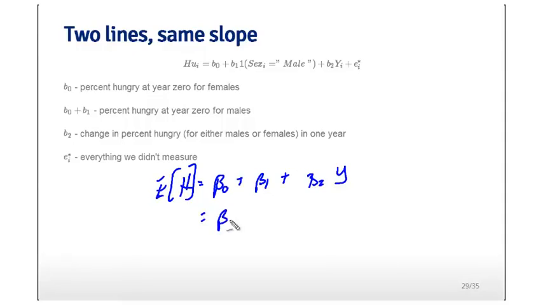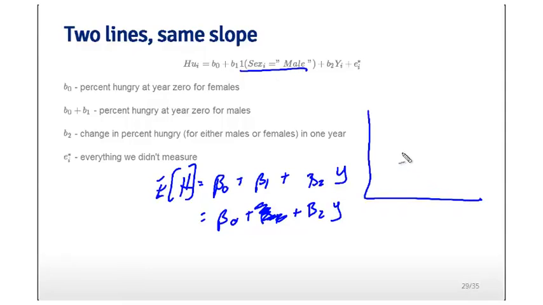And it's equal to beta naught plus beta 2 year for females, because this indicator term would be 0, not beta 1, that guy's gone.